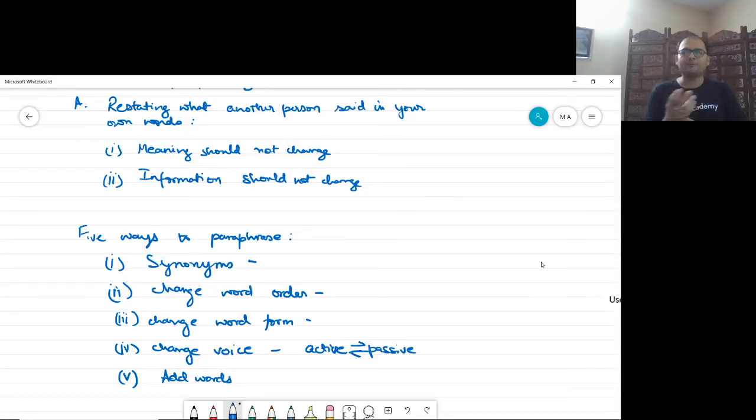Now of course, adding words would also need that you pick up at least one of the other strategies as well to form your paraphrase. Because what happens is when you're paraphrasing while writing your task 1 or task 2, and if you write the original sentence as is, the examiner will not count it towards your word count. They will count it if and only if it is a paraphrase. Alright.